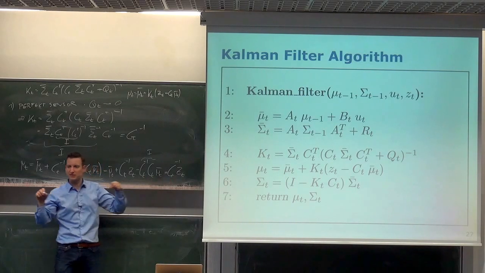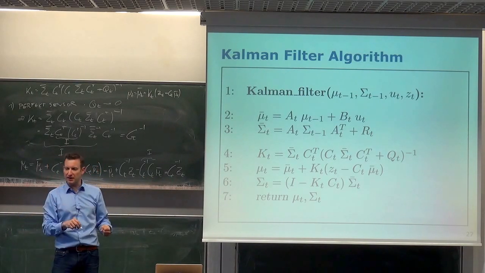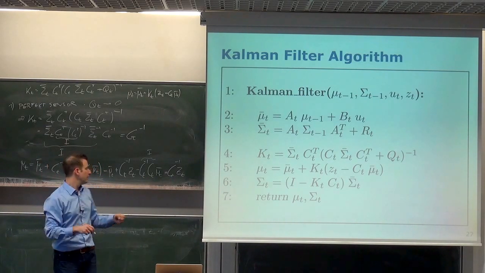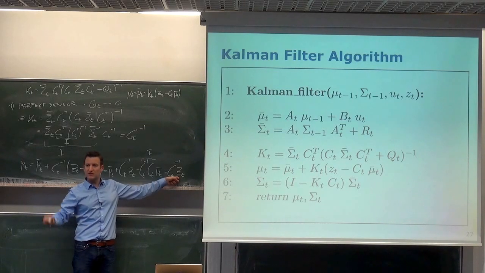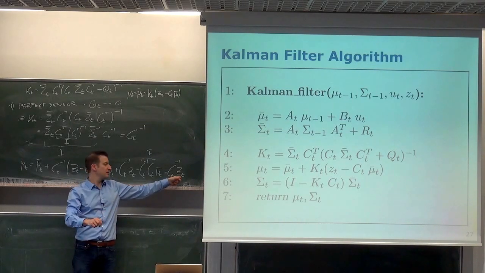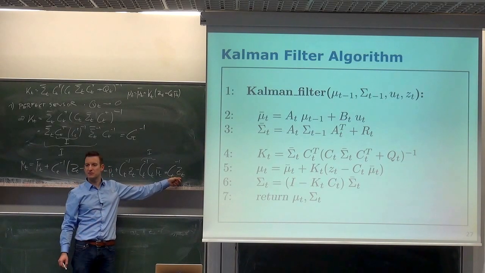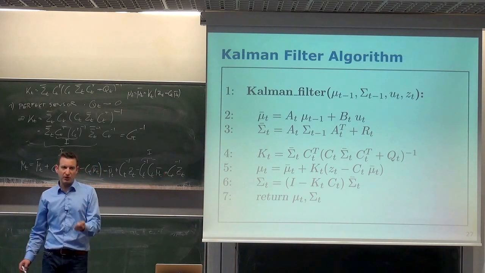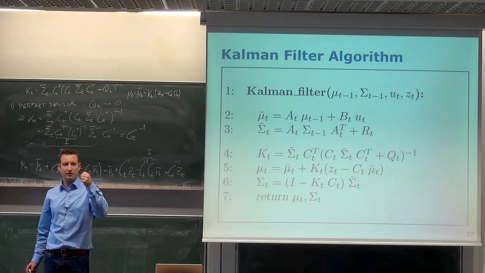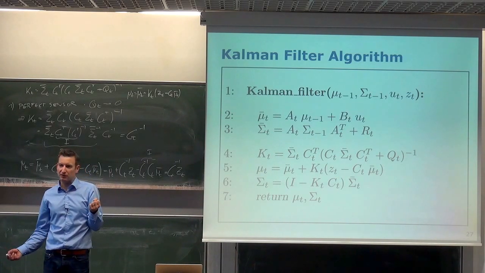So this now maps from the measurement space to the state space and takes the current observation that I have. So it computes directly the state from my observation. So basically where my sensor observation tells me where I am, I just put the state there because it's the perfect sensor.